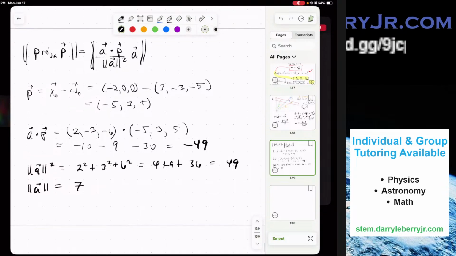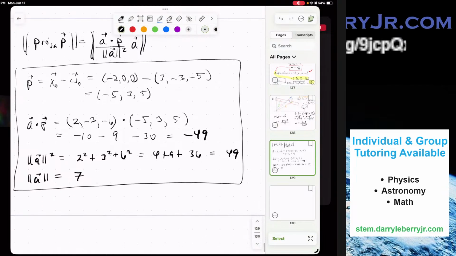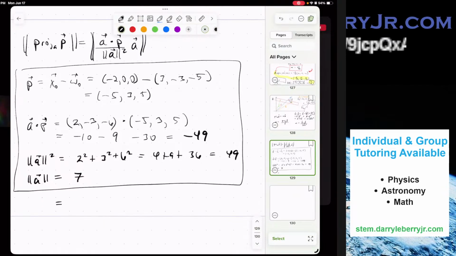So putting that together for the magnitude of that projection, we have 49 over 49 times 7 equals 7. I remember, let me see.